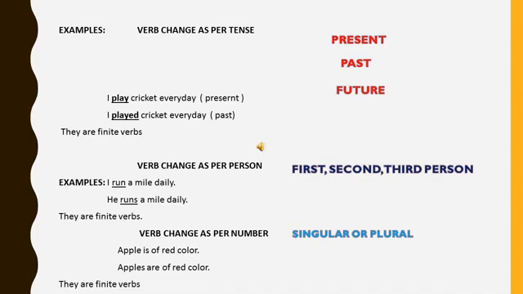Apple is of red color. And second one, apples are of red color. When the subject is singular, we use is. When the subject is plural, we use are. So they change as per tense, as per person and as per number, but they are all finite verbs.